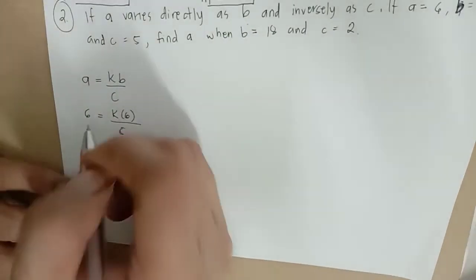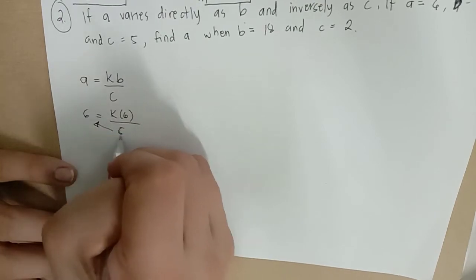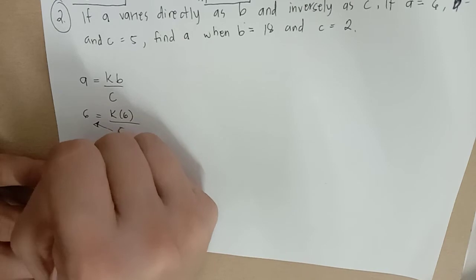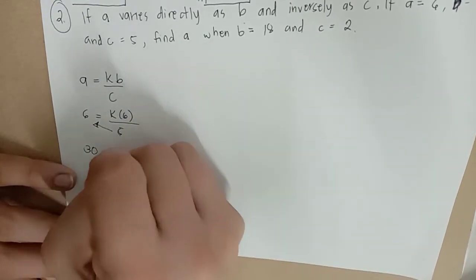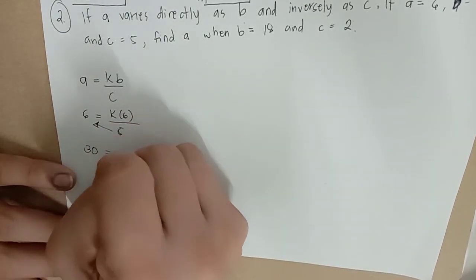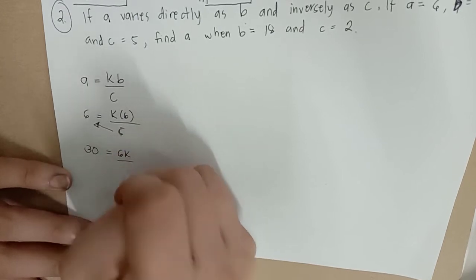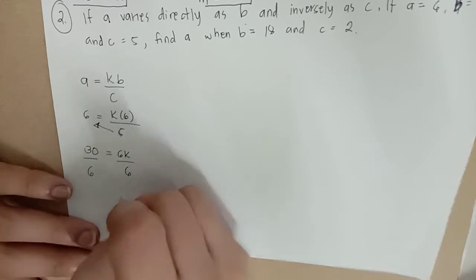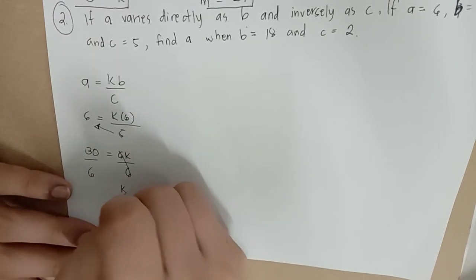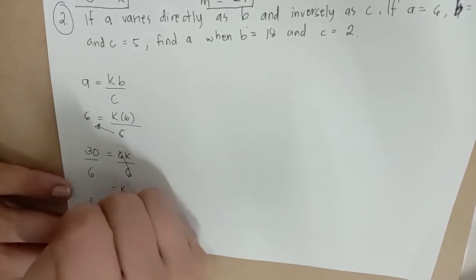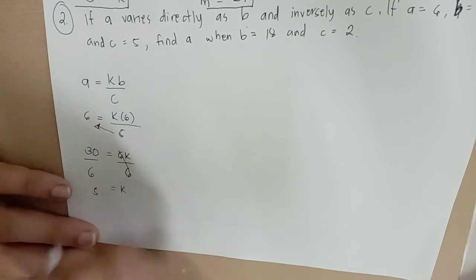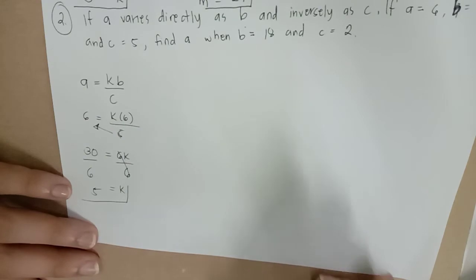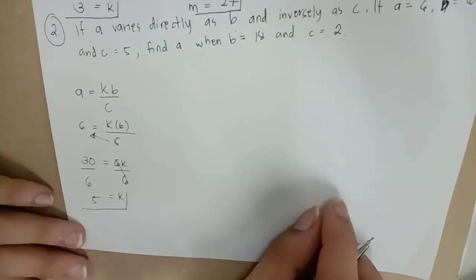So, tulad lang din ng ginawa natin, multiply lang po natin si denominator doon sa another number. 5 times 6, 30 is equals to 6 times K is 6K. Divide both sides by 6. Ayan. So, makakancel po yan. Matitira na lang si K. 30 divided by 6 is 5. So, the value of our K is 5.